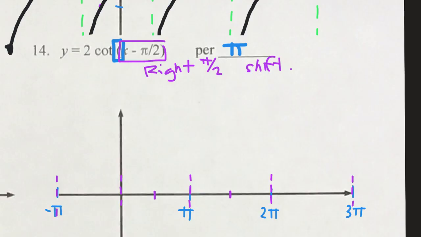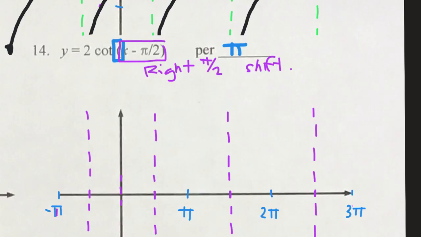Because if I've marked my blue lines at pi, half of pi is pi over 2, right in the middle. So we're going to put your vertical asymptotes at the pi over 2's, because it has been shifted pi over 2 units from your standard position of your vertical asymptotes for cotan.